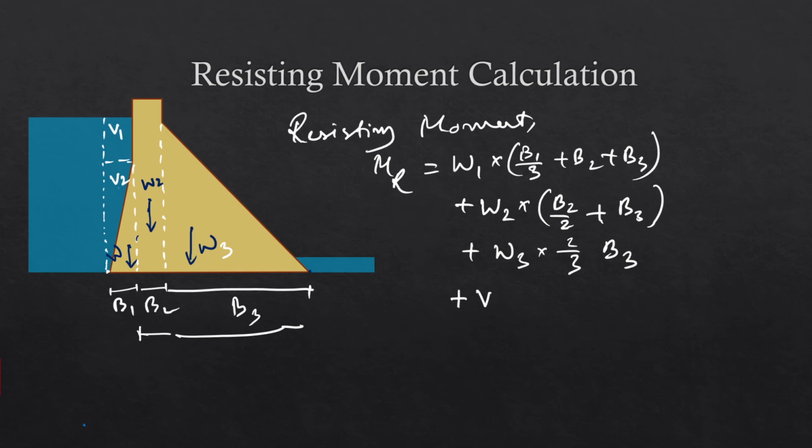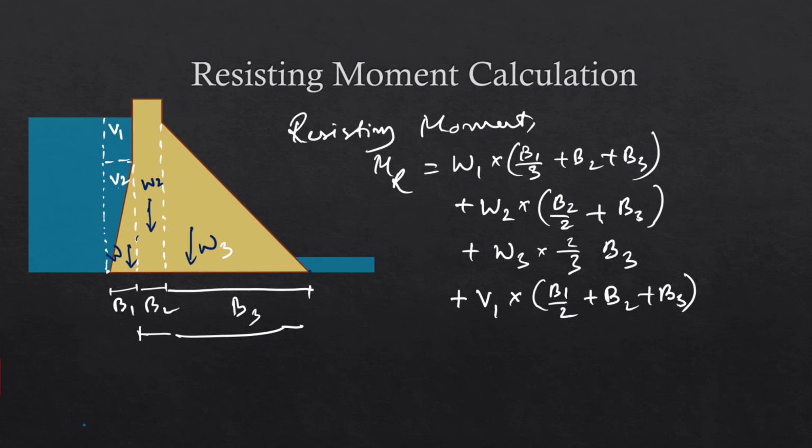So plus V1, let's suppose V1 is the weight of the rectangular portion of this water, then V1 multiplied by the distance, which will be B1 by 2 plus B2 plus B3.